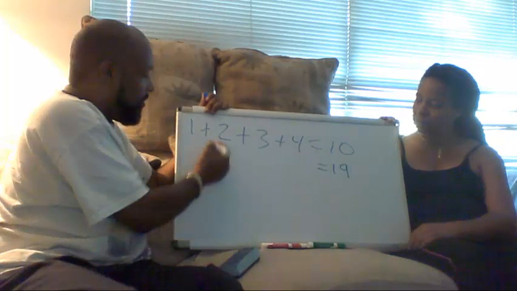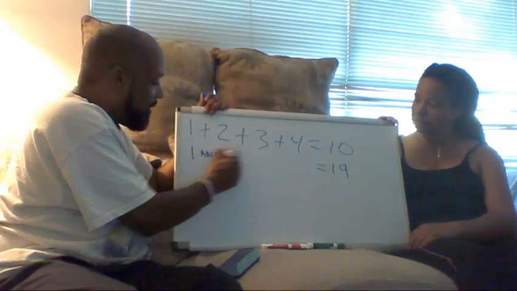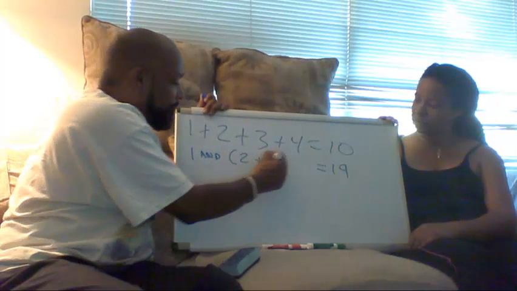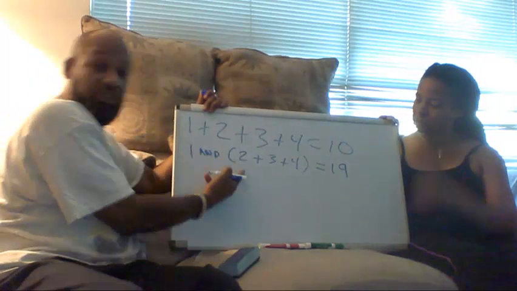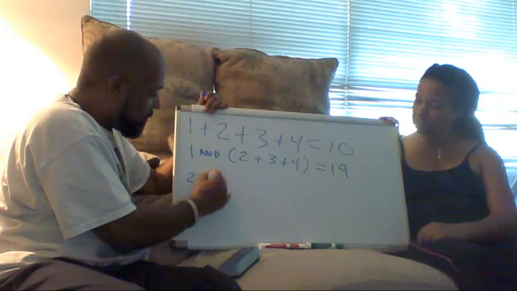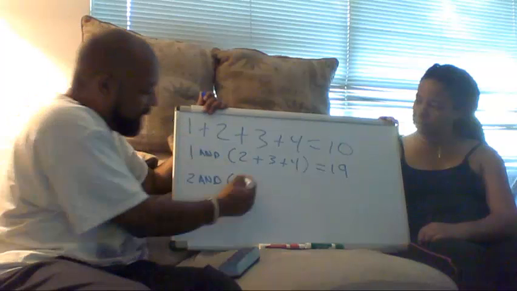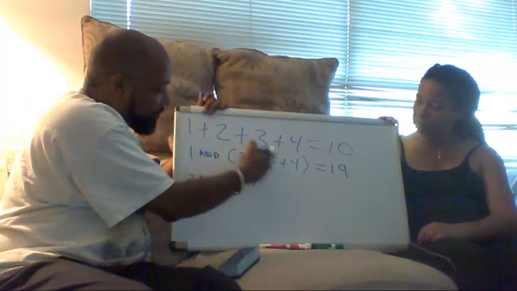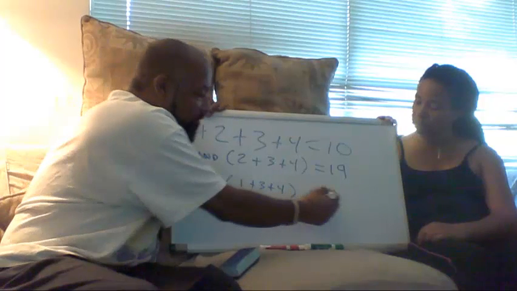Okay, so now we got that one and these values. Now we can take that 2 and do the exact same thing. This time we're going to take the 1 plus the 3 and 4. We're going to come up with the value of what?